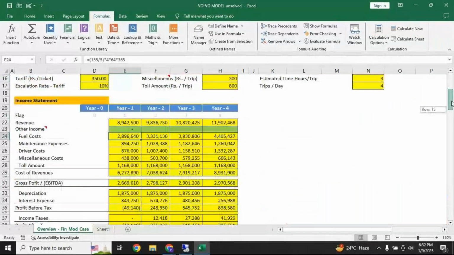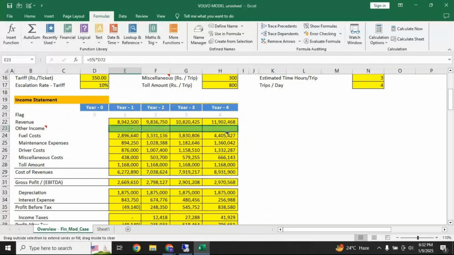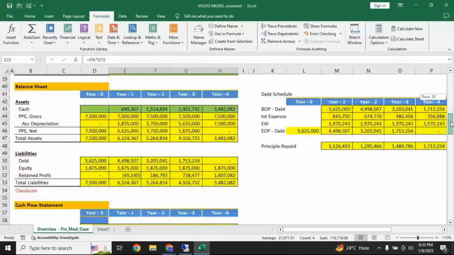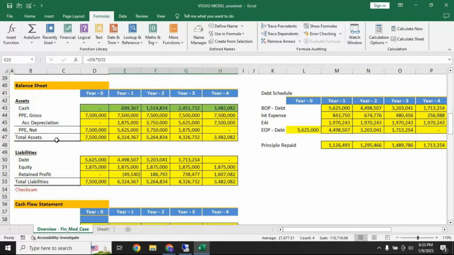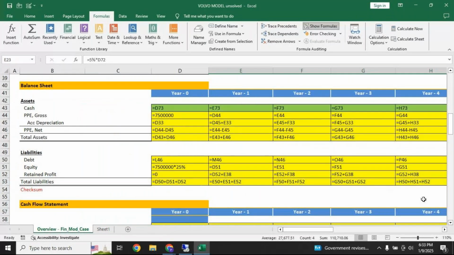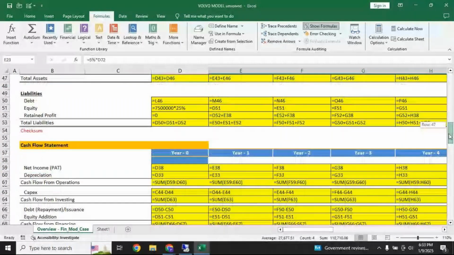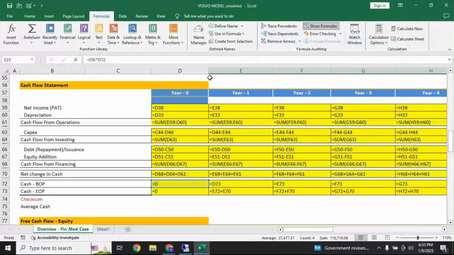Now see, both sides of the balance sheet, your values should get tallied. First you evaluate the cash flow statement and then you can take the values back.